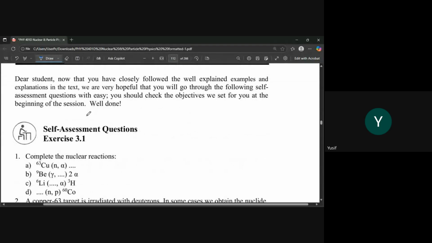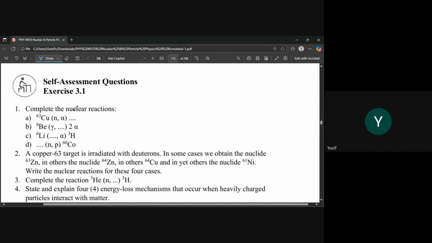Then we can move on. For example, you see what we have over here. They say complete the nuclear reactions, and they're giving you this. At the end of the day, they're expecting you to know the daughter nucleus that is being produced, and knowing the daughter nucleus, they're expecting you to know the mass number and the atomic number as well.